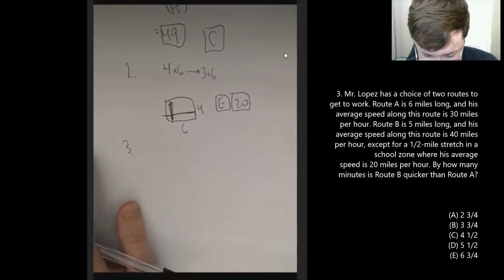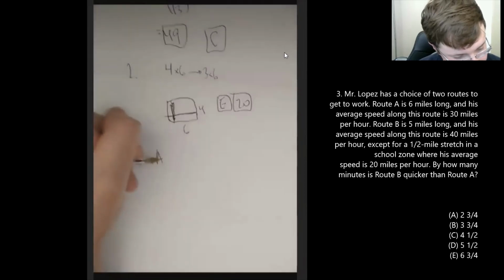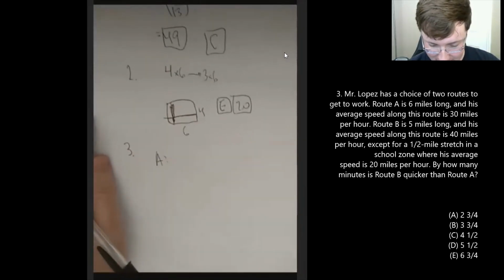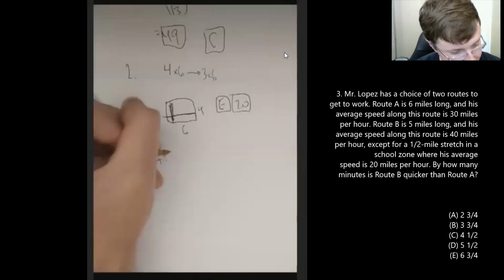Okay, route A is 6 miles long, and it's 30 miles an hour, so that's a fifth of an hour, so that's 12 minutes.